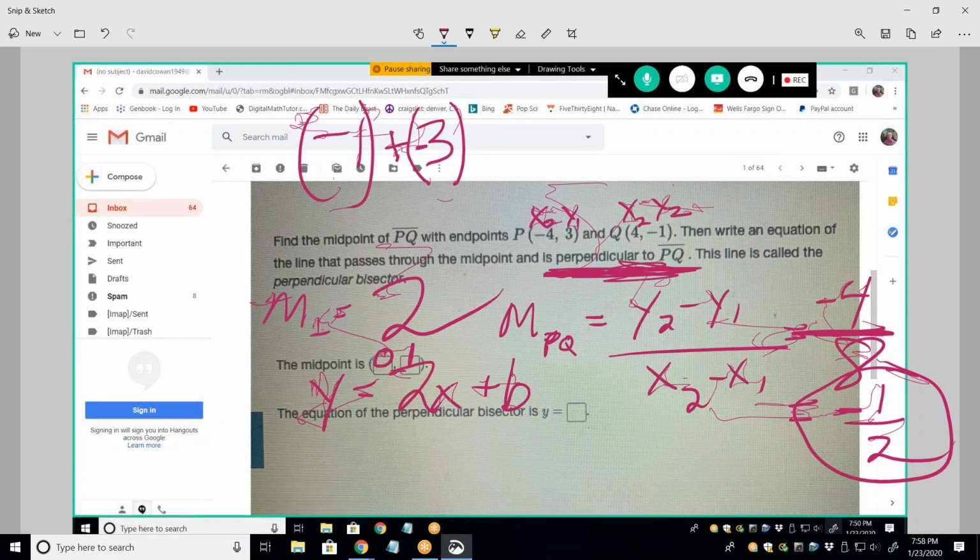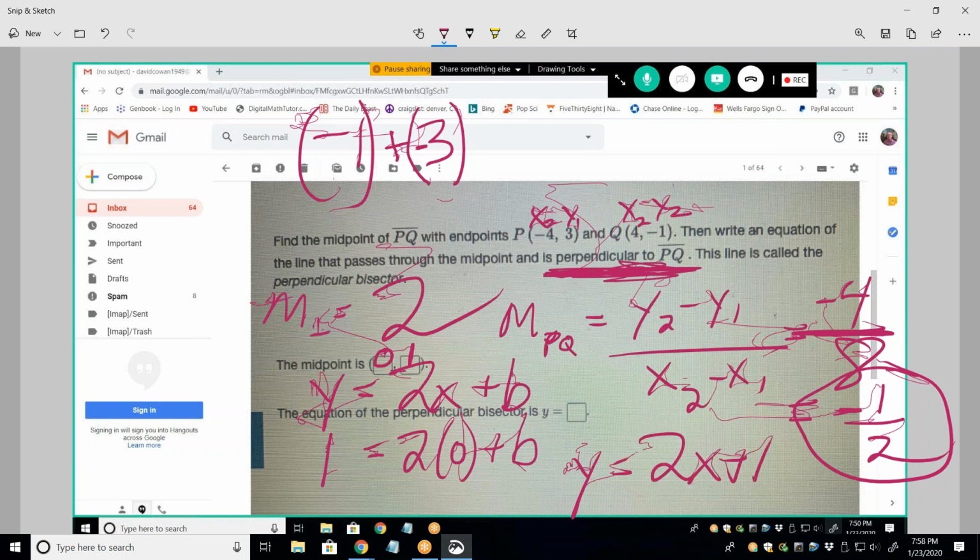Okay. Now what? So it's going to be 1 equals 2 times 0 plus b. Okay, what's b equal to? 1. What's the equation of the line? Y equals 2x plus 1. You got it.